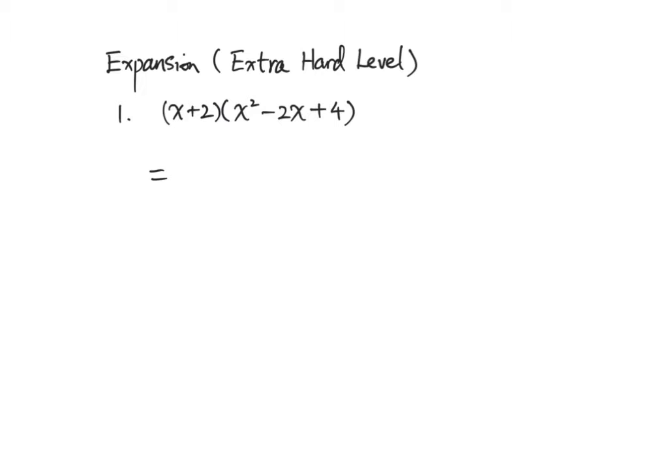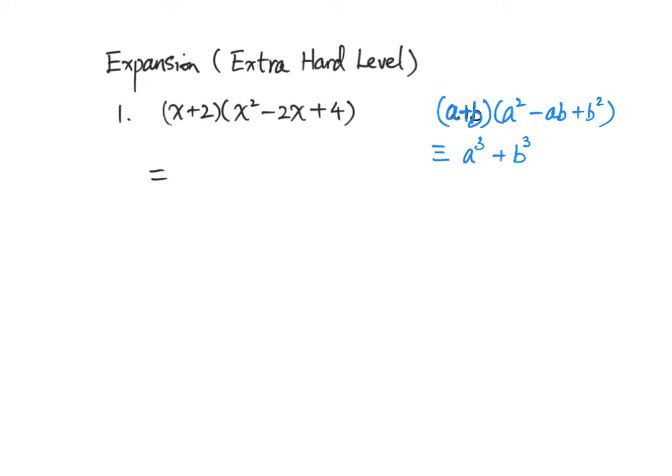For this question, we can apply the sum of two cubes identity: (a + b)(a² − ab + b²) is identical to a³ + b³.